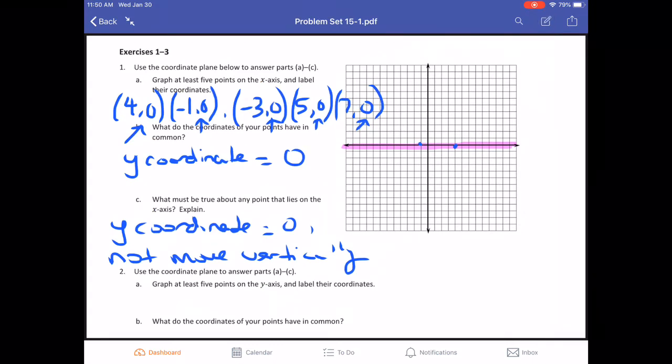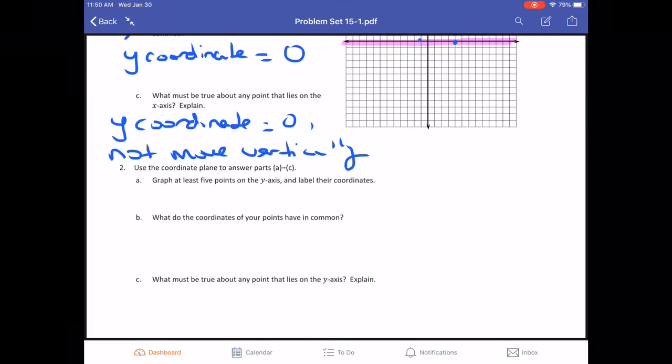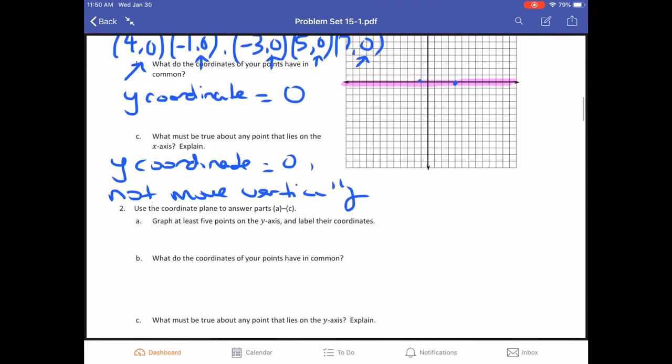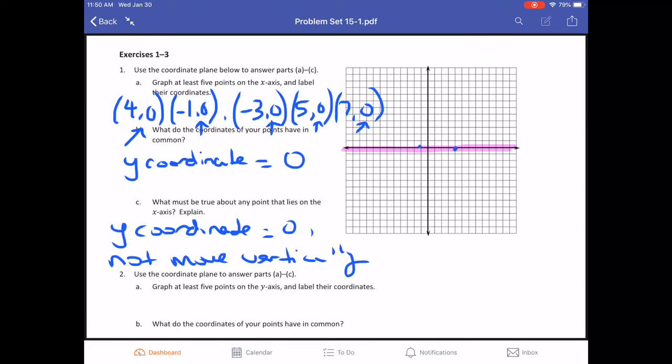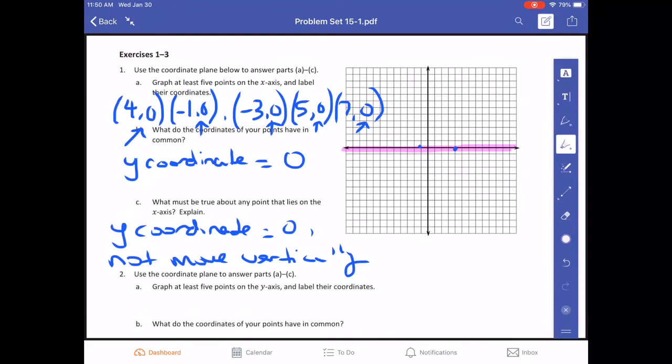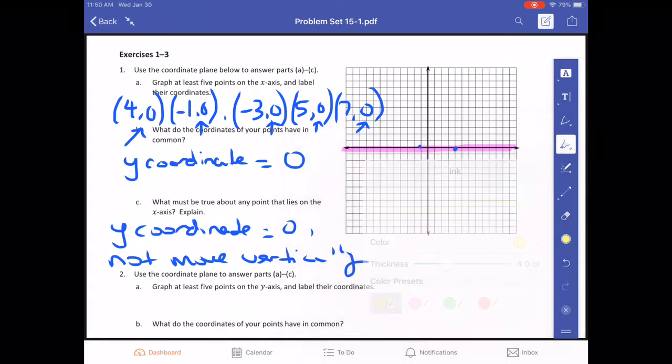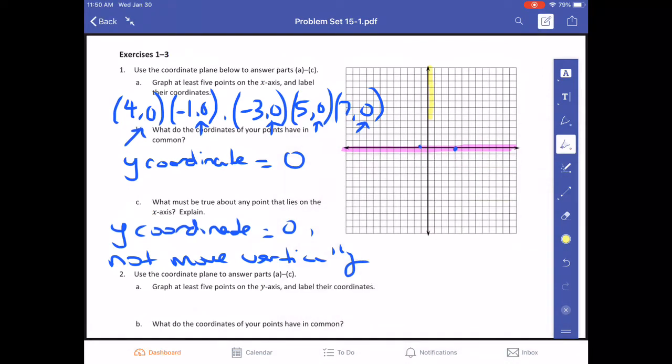Okay, letter number 2 and letters A through C are just the same thing, but they are talking about the y-axis now, so it's just a little bit reversed. So I'm going to take my highlighter and I'm going to use yellow instead. And we're going to be talking about all of the points right here on this y-axis and how we would go about locating and labeling them.